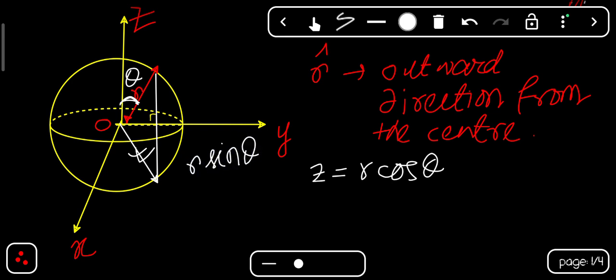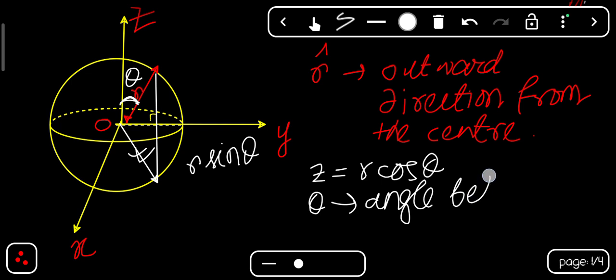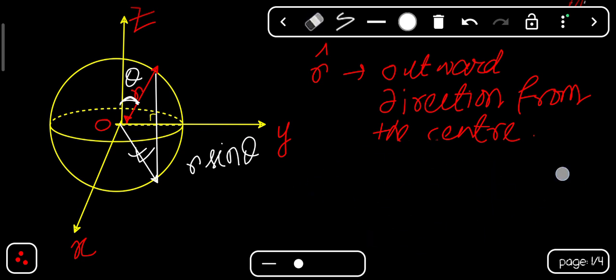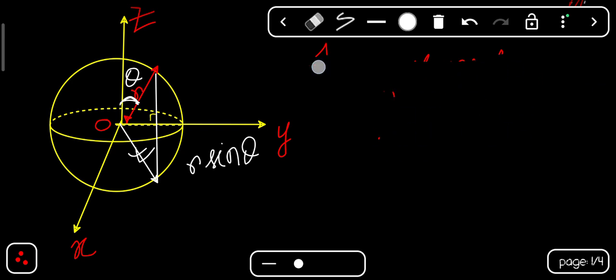Now if theta is the angle between the z axis and the r vector, then r sin theta gives us the projection in the xy plane.